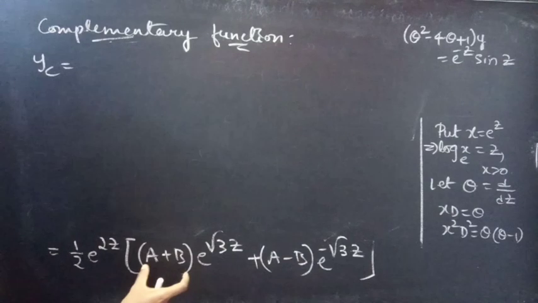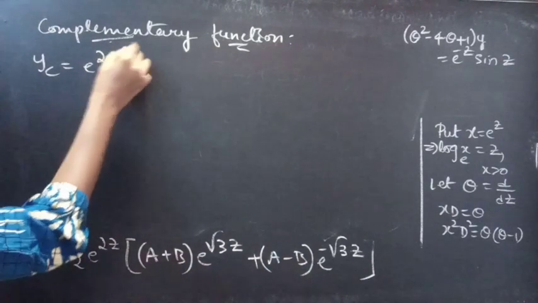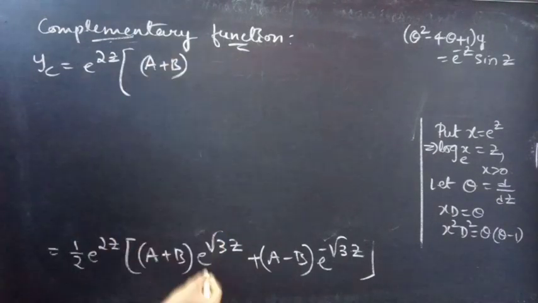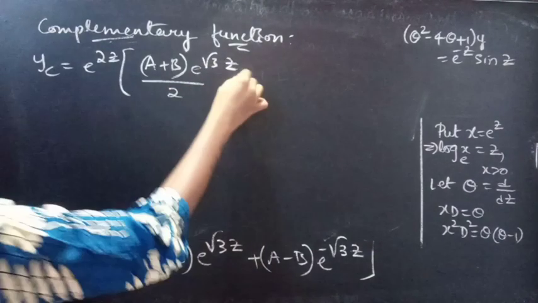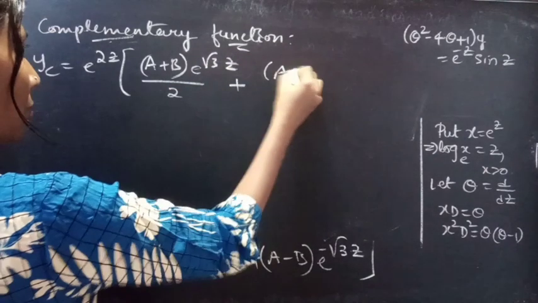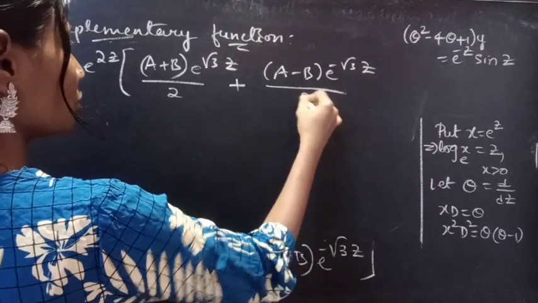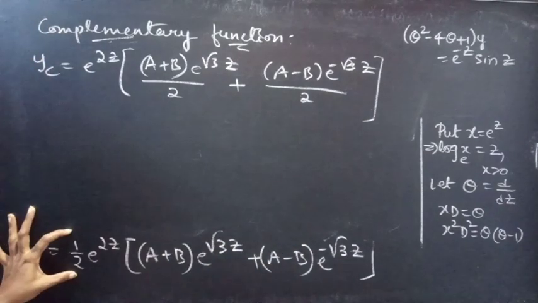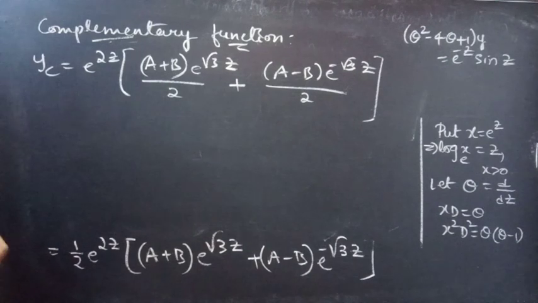Now multiply these two terms with 1 by 2. We'll get e power 2z into (a plus b) into e power root 3z by 2 plus (a minus b) into e power minus root 3z by 2. Right? You can ask why we have taken 1 by 2 common from the two terms previously. Because in order to reduce the complexity.